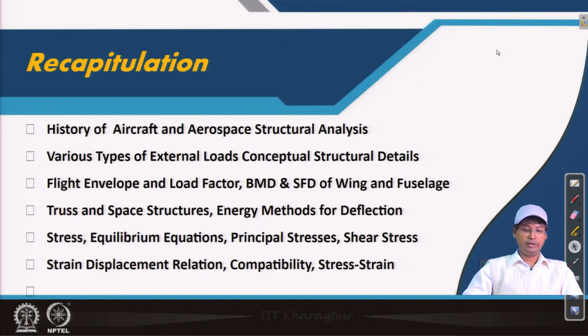In the first week class we have defined stresses, we have defined equilibrium equations, we have defined transformation of stresses, how we transform stresses from one plane to the other, and during that transformation we found that there is a plane where shear stress is equal to 0, or in a better way we should say there are 3 orthogonal planes where shear stresses are 0, and the normal stresses in those planes are known as the principal stresses.